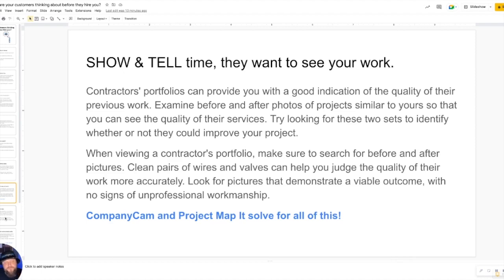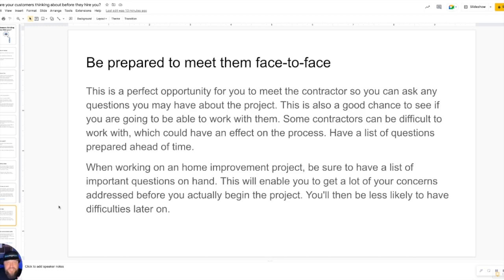So by all means, if you're going to use show and tell methods, make sure that the pictures or the videos look good. Let your project managers know what your expectations are when they're doing these pictures with Company Cam, that they look good. Same for Project Map It. Make sure that the pictures are sharp, because your sales professionals and your consultants should be using those.